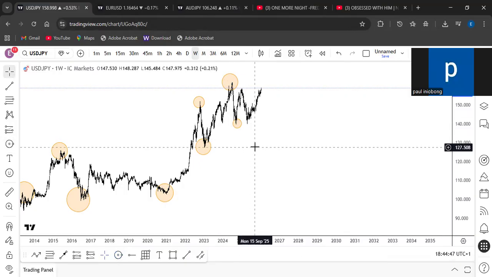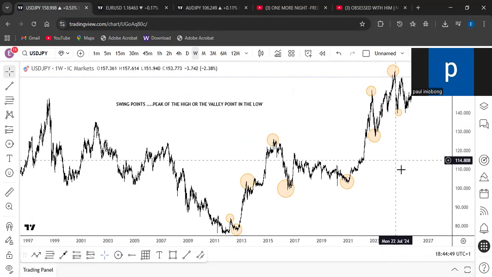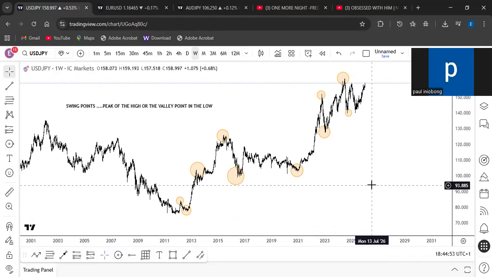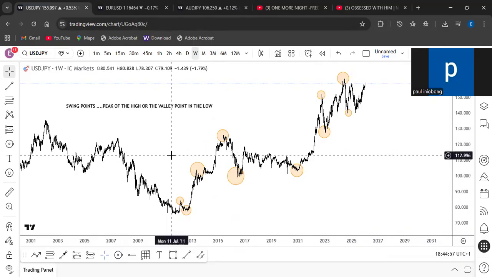After you've been able to identify your swing points like this, if you're using an Android phone, you may not be able to do this. If you're using a laptop or a desktop, you can easily do this through TradingView.